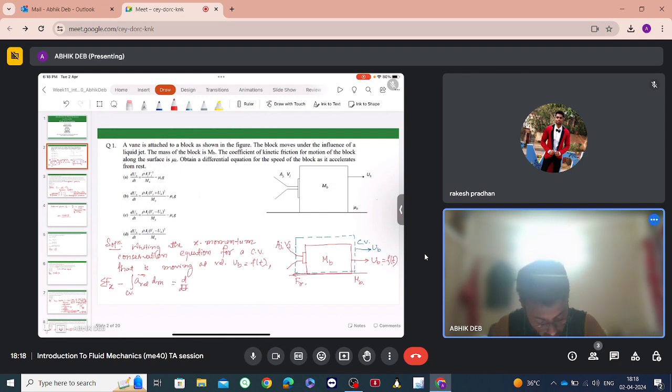Then d/dt of the integral over the control volume of rho u dV plus the integral over the control surface of rho u ur dot n cap dA. This is 0 since the control volume is not deforming or changing its volume with time.